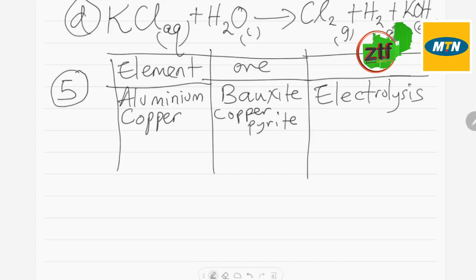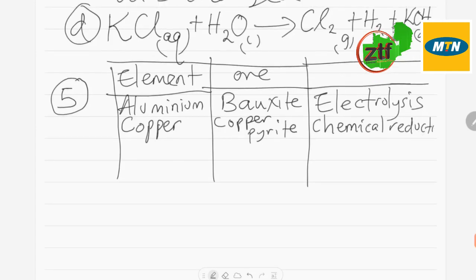We should specify whether it is electrolytic or chemical reduction. So for you to score a mark here, you have to write that this is extracted by chemical reduction. Otherwise, if you just write reduction, you lose the mark. So it is chemical reduction. Or we can also use roasting of the metal.